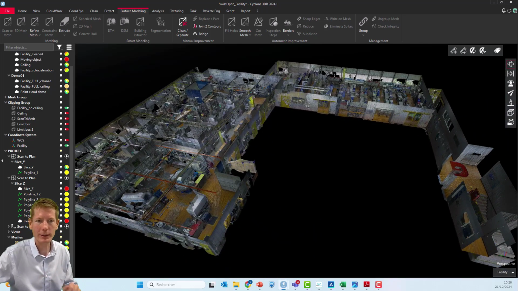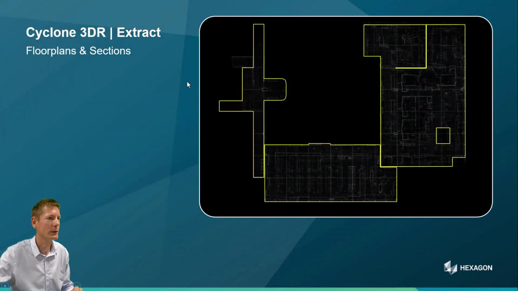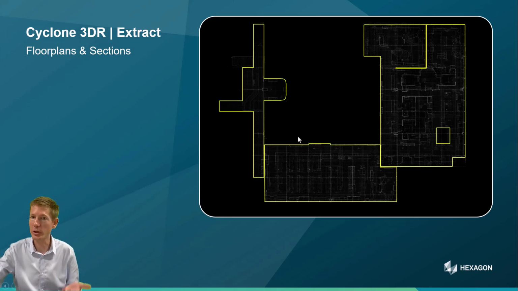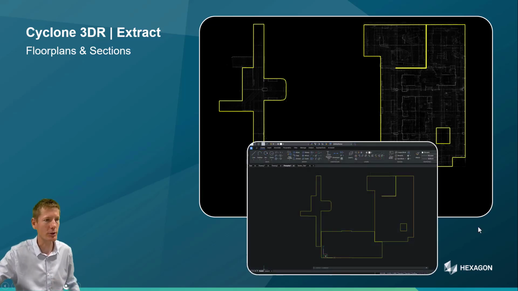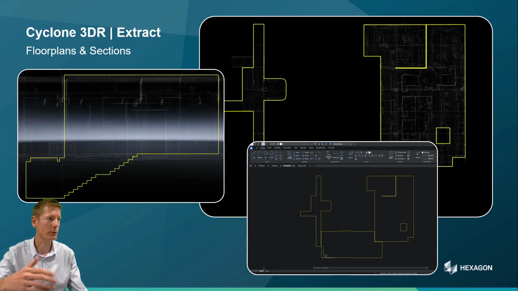So let me summarize those few steps. First, floor plan creation, which we have seen together. You can combine it with the creation of an X-ray ortho image. It's easy to create a floor plan to send to CAD, BricsCAD, AutoCAD, but also to have a proper cross vertical section of a building.